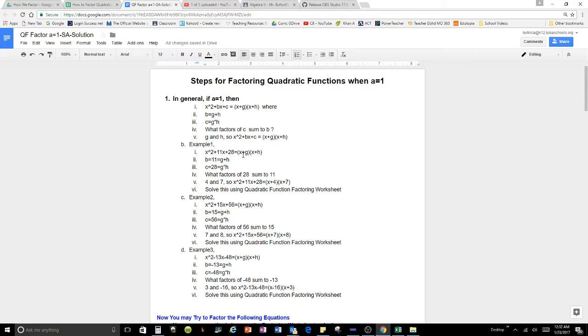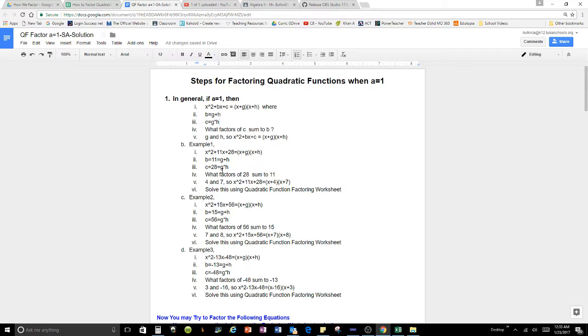So we want to be able to find the g and h such that g times h equals 28 and g plus h equals 11. Okay, and so what we could do is come up with some factors of g and h. For example, since this is a small number, we don't necessarily have to go to the quadratic function spreadsheet. We can probably just come up with these in our head.